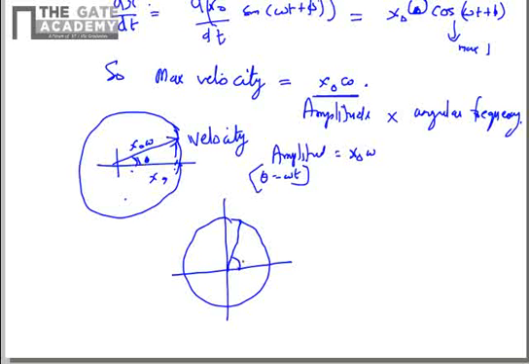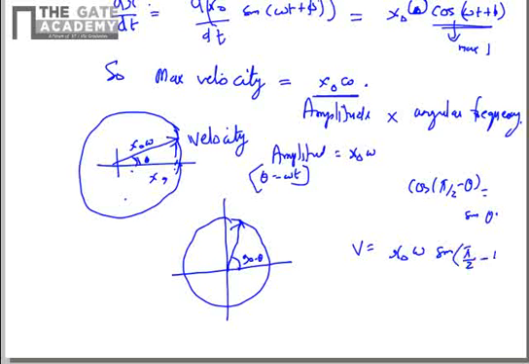By shifting this diagram by 90 degrees, you will get this angle as 90 minus theta, and since cos of 90 minus theta is equal to sin theta, or sin of 90 minus theta is cos theta, using this identity you can have the expression for velocity equal to x0 omega sin of 90 minus omega t, plus phi.